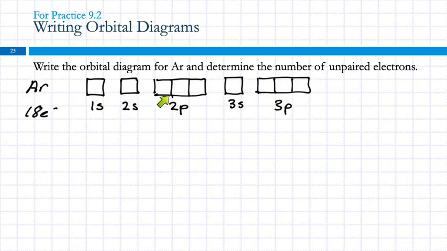And 1, 2, 3, 4, 5, 6, 7, 8, 9. That's 9 boxes. That might be enough. Actually, it is. I've done this before. Up to 3p, the order is as expected. It's not till we get higher up that things go wonky. So up to here, we're good.